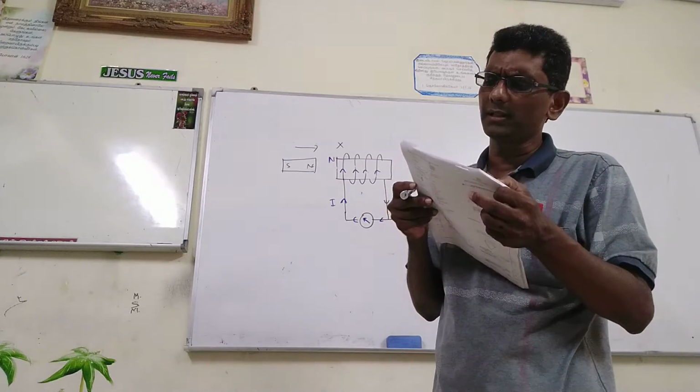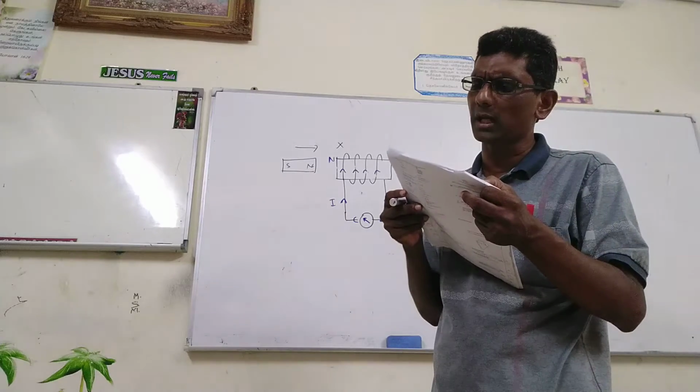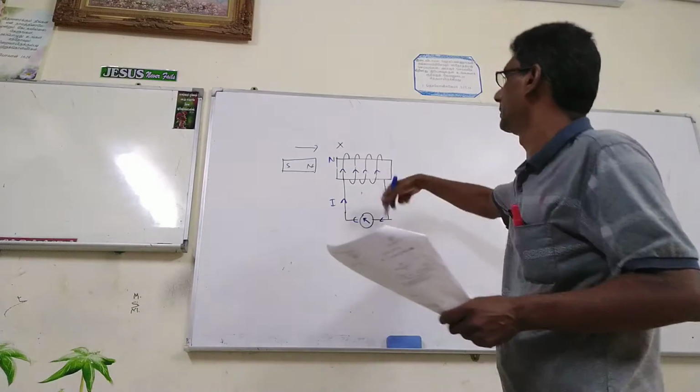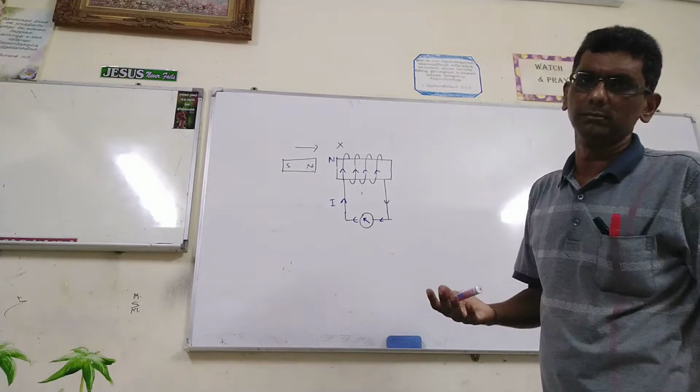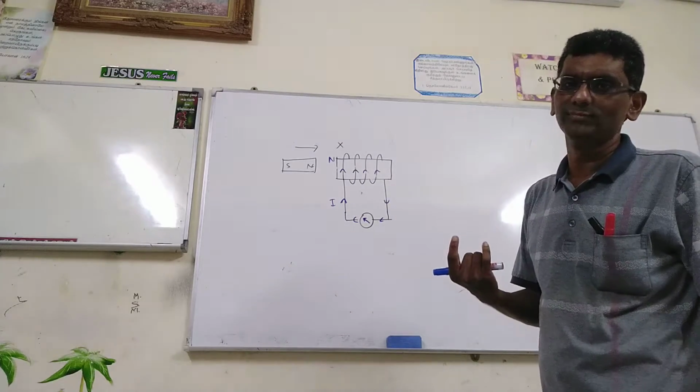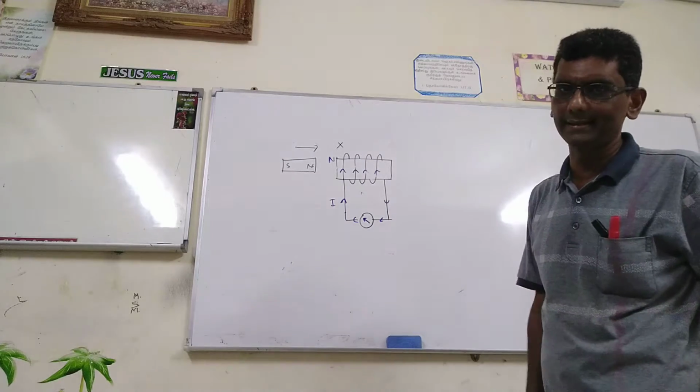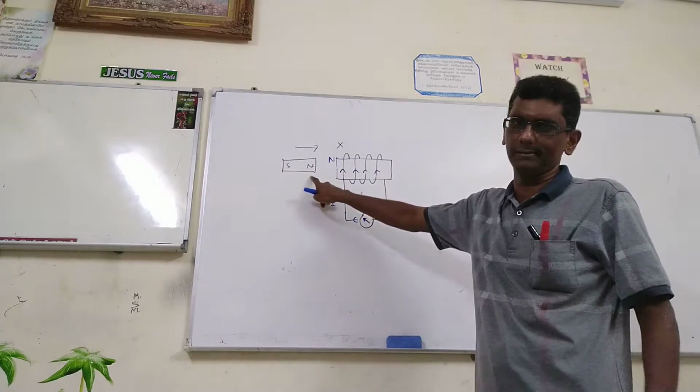Next: state one method to increase the induced current in the solenoid. What method? One method is to use a stronger magnet.